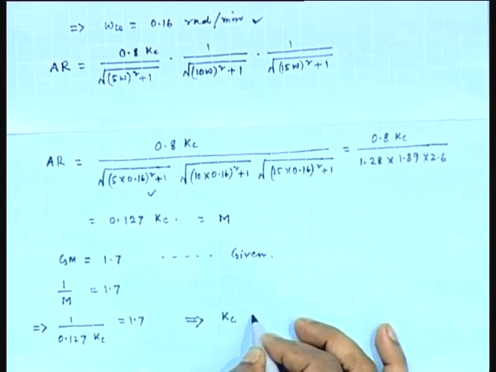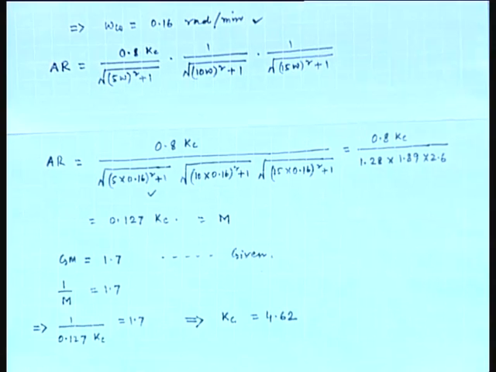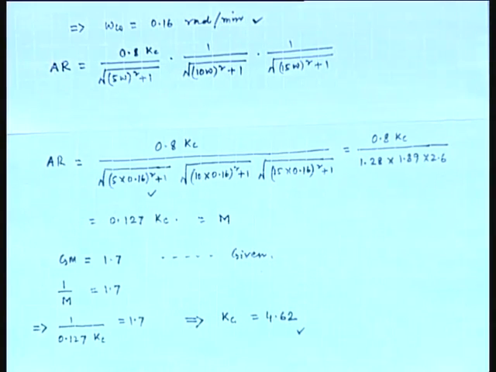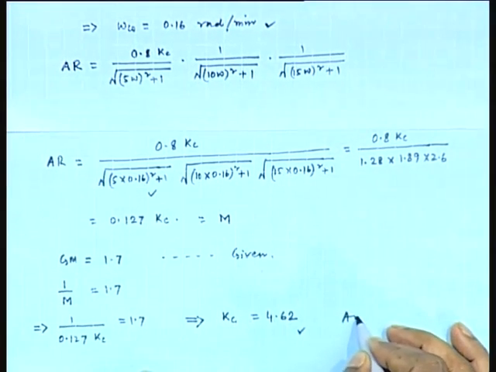Then how much is Kc? Kc becomes 4.62. Fine. So, for the example system, if we consider Kc equal to 4.62, then the amplitude ratio at crossover frequency is lower than 1. So, this is the answer for the first part.